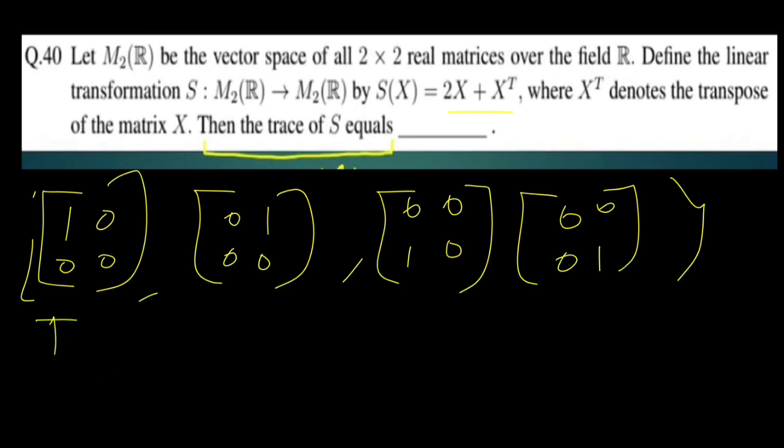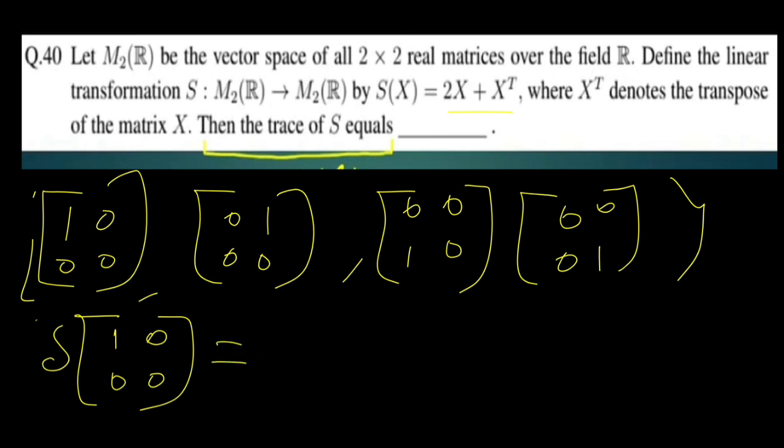Firstly we use the first basis element 1 0 0 0. We apply Sx equal to 2x plus x transpose, where X is 1 0 0 0, the standard basis element.